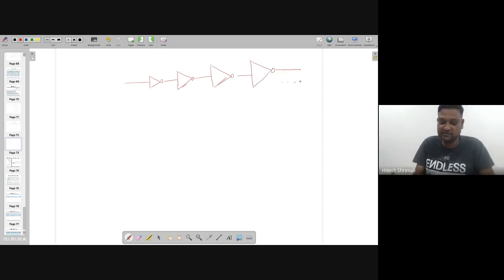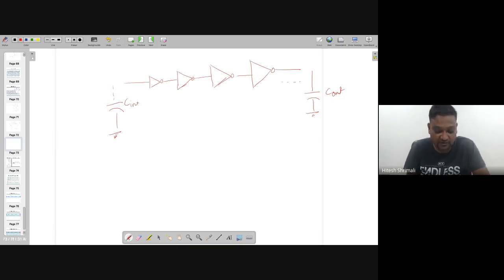So many such inverters are there, depending on what is the C out which has to be driven, and what is the input capacitance. So these two numbers are known to you. That C out by C in is known to you, right?